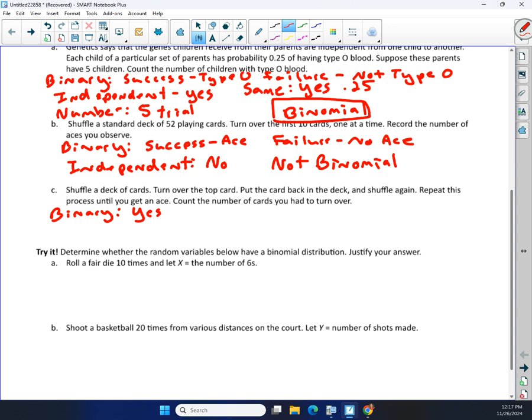So same thing, success is an ace, failures, no aces. Independent is now a yes, because I'm putting the card back. And then we have a number, which is 10 cards, I believe.